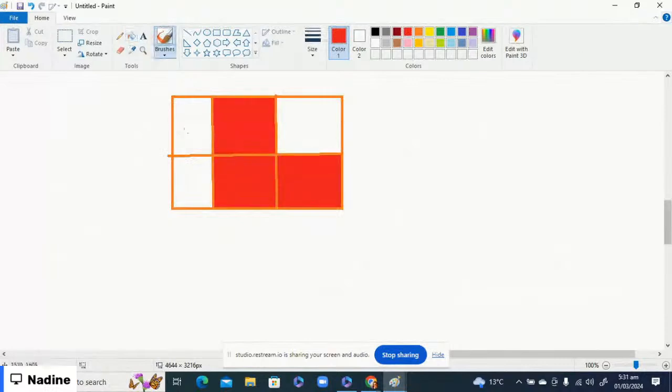First of all, tell me how many whole shapes are here? Only one. Times how many total parts? 1, 2, 3, 4, 5, 6. Write it in the denominator. How many colored? 1, 2, 3. 3 are colored. Understand now?